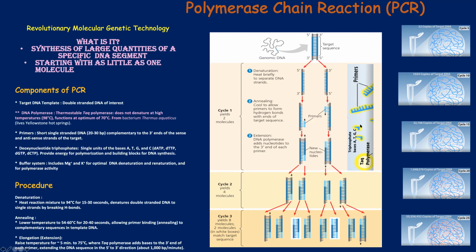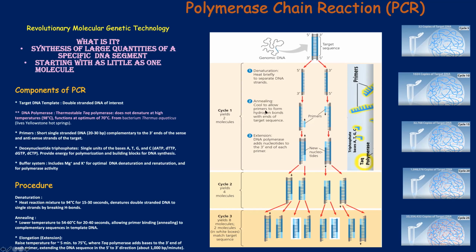And then you have to have a buffer. So you start out, take this mixture that's got your target and all the components, and you heat it to maybe 95 degrees. And when that happens, all the hydrogen bonds in the target DNA are broken and the two strands come apart.